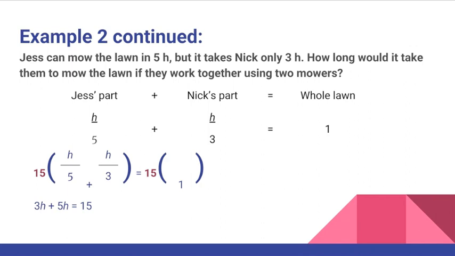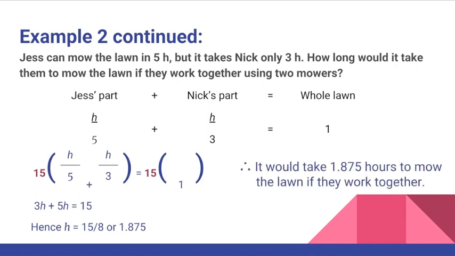We can combine those on the left-hand side to get 8H equals 15, or H equals 15/8, which if you pull out your calculator, you're going to find is 1.875. Not sure if anybody can do that one in their head or not. But our final answer is that it takes 1.875 hours to mow the lawn if they work together and have 2 mowers.